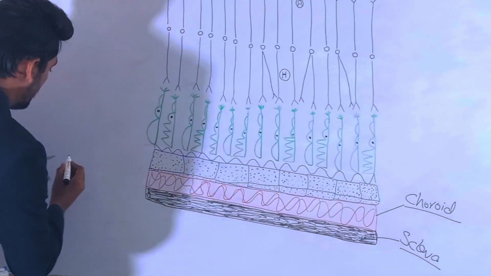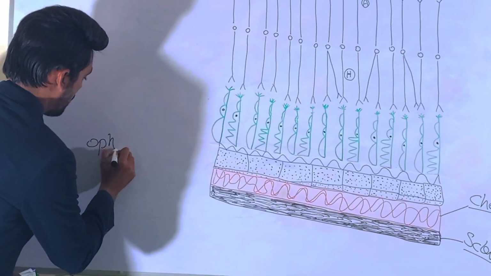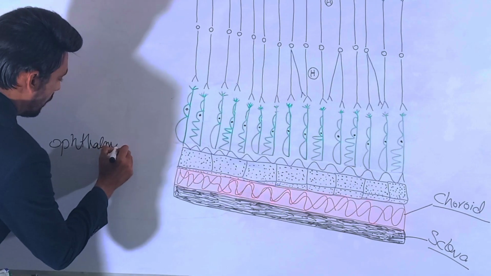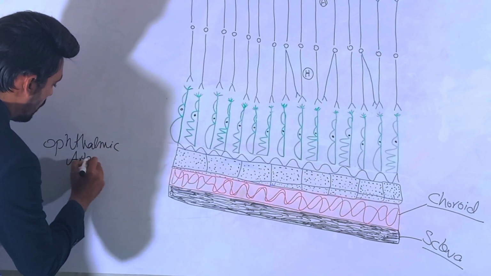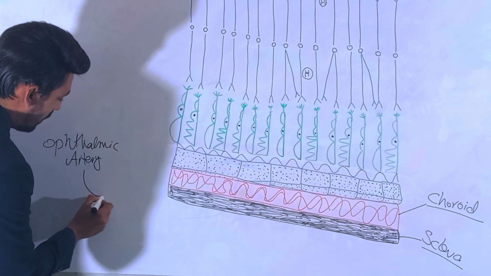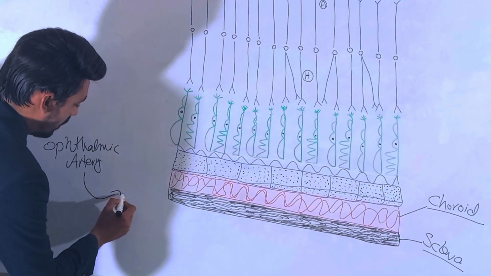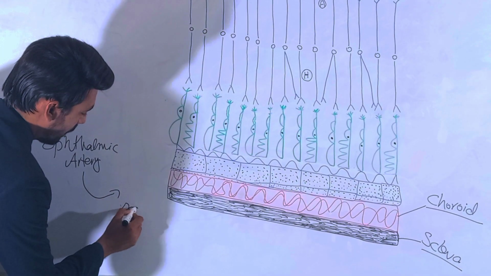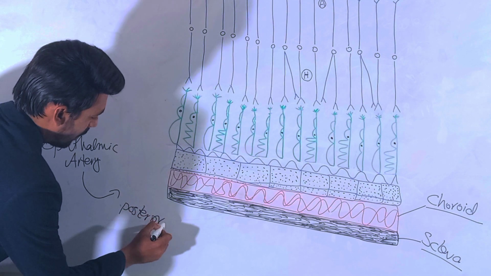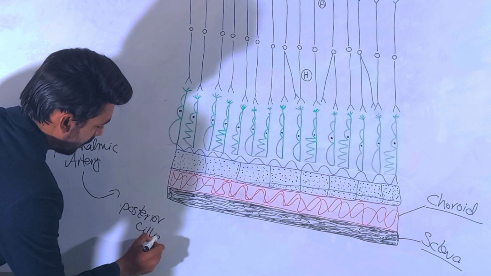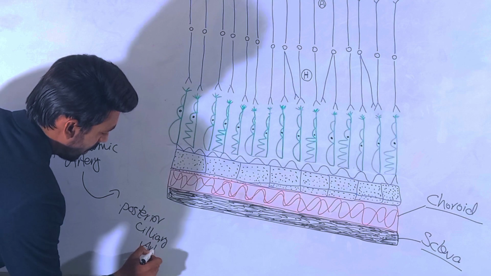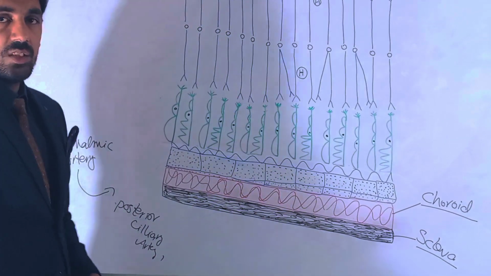So the ophthalmic artery gives the blood supply to the posterior ciliary artery.